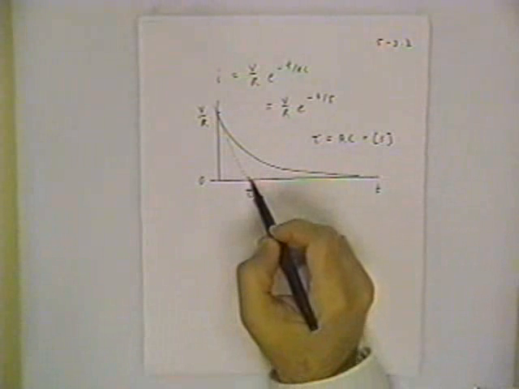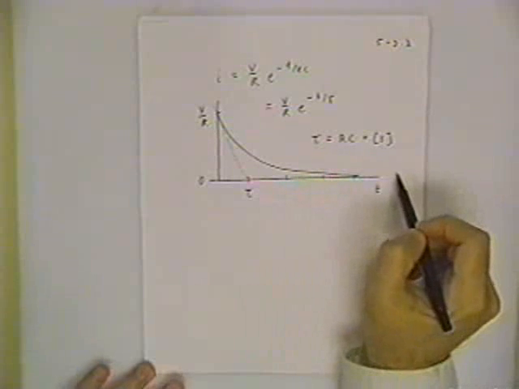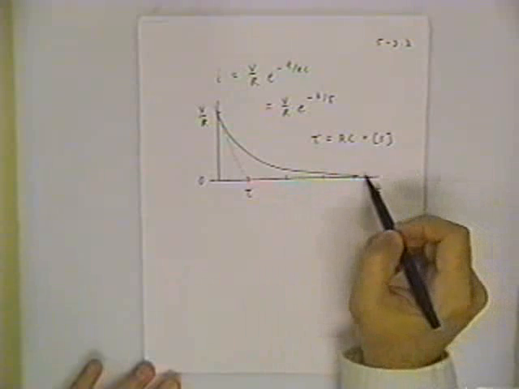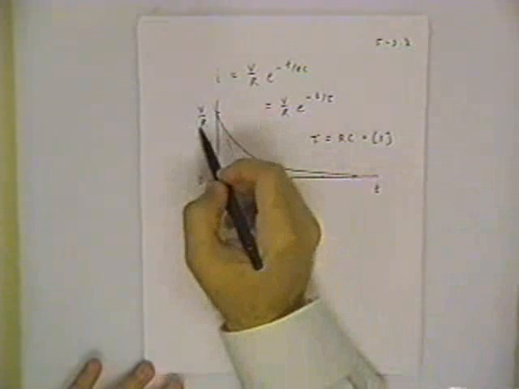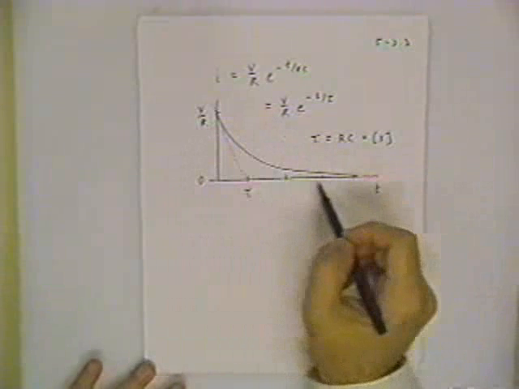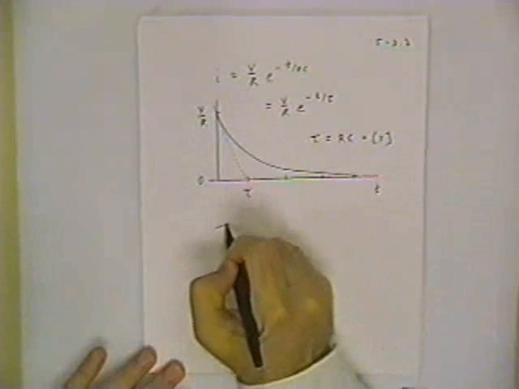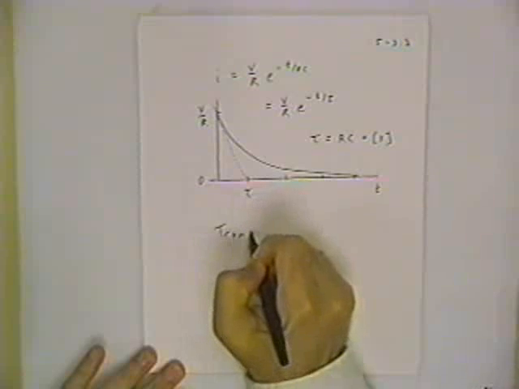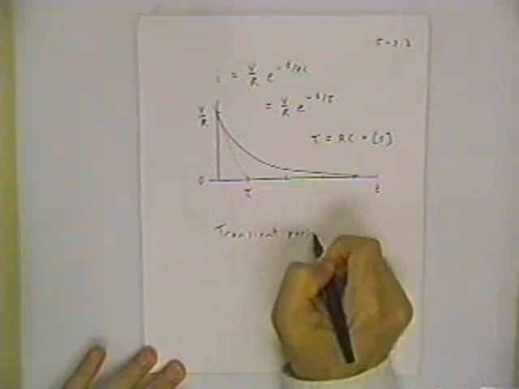This also tells you that after 2, 3, 4, 5 time constants, your current is virtually zero. It started off at some reasonable large value, but after 5 time constants, it's pretty much disappeared. And so that's what we usually call, in circuit analysis, the transient period.